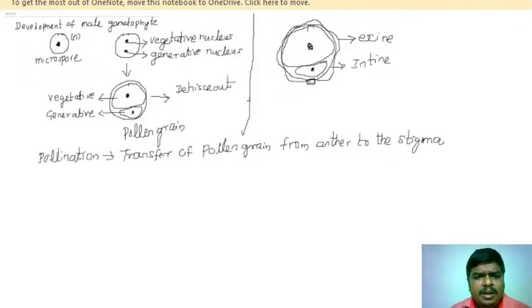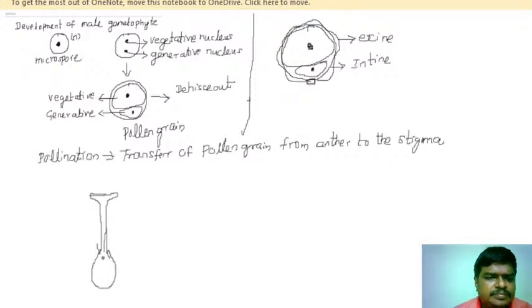Now, assume that after pollination, the pollen grains reach the stigma. So this is the stigma of the gynoecium, and this is the pollen tube, and this is the ovary.